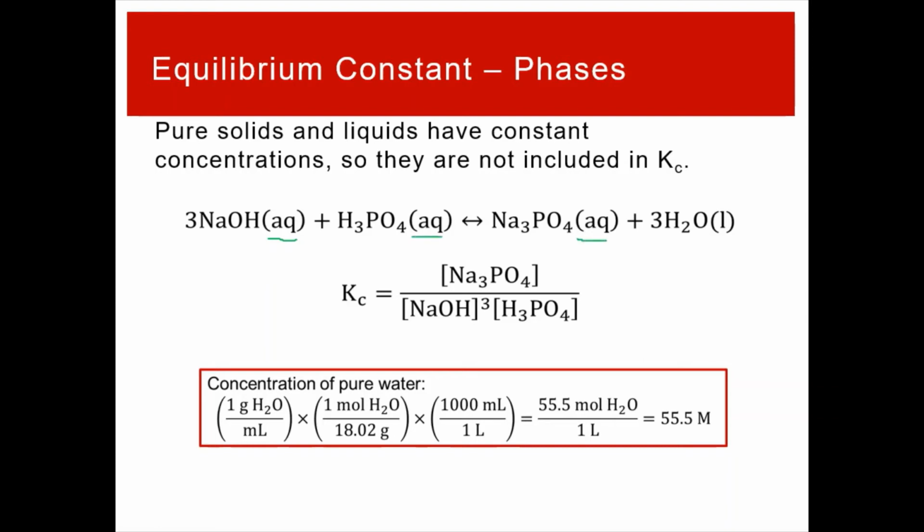That means they're all dissolved in water. Those are all solutions. They have concentrations that can change. As you approach equilibrium or move around your relative amounts, you would see different amounts of those, and they can then show up in the equilibrium constant. That's why their concentrations show up there.